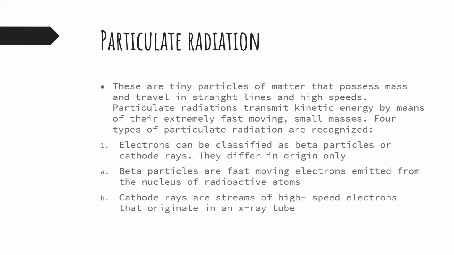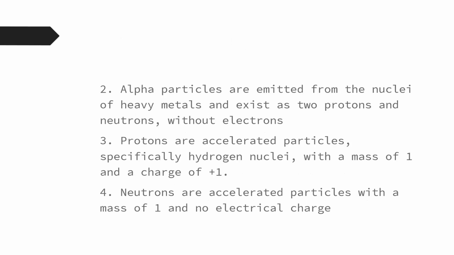Cathode rays are streams of high-energy electrons that originate in the X-ray tube, all right? The alpha particles are emitted from the nuclei of heavy metals and exist as 2 protons and 2 neutrons without electrons. Then the third type, protons, are accelerated particles, specifically hydrogen nuclei, with a mass of 1 and a charge of +1. And then we have neutrons, which are accelerated particles with a mass of 1 and no electrical charge.